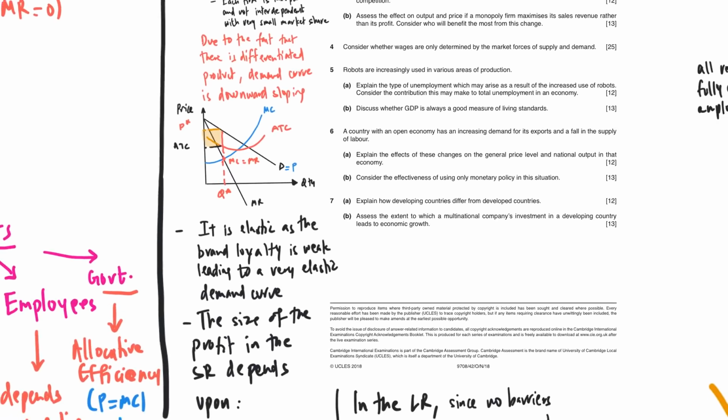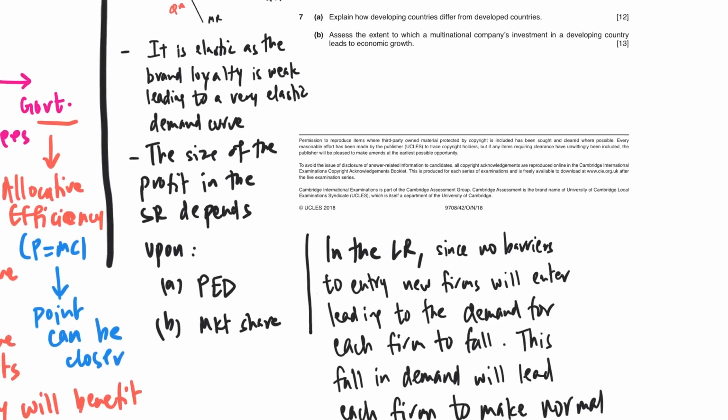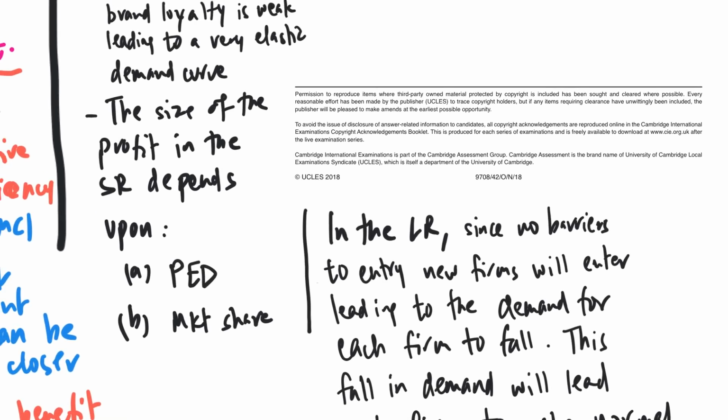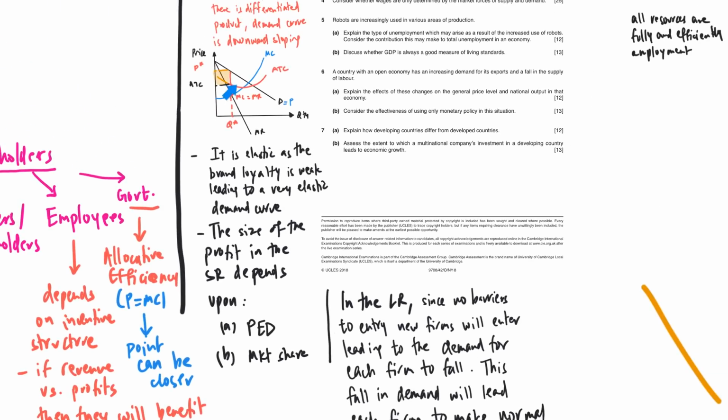We'll show this diagram and explain the idea that there is supernormal profit. But the size of the profit will depend, number one, on price elasticity of demand. If the good is more inelastic, the demand curve will look steeper, and that's why the profit will be higher.